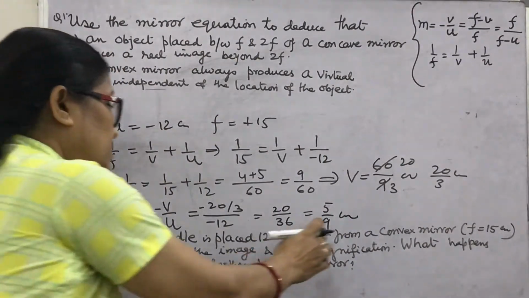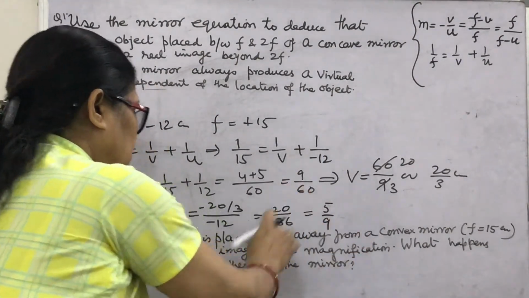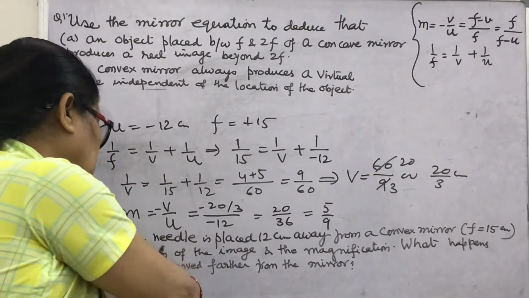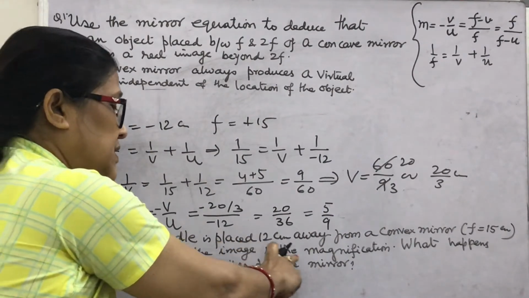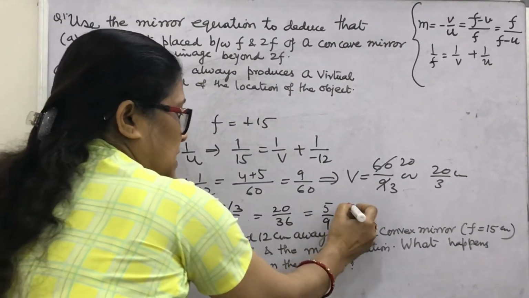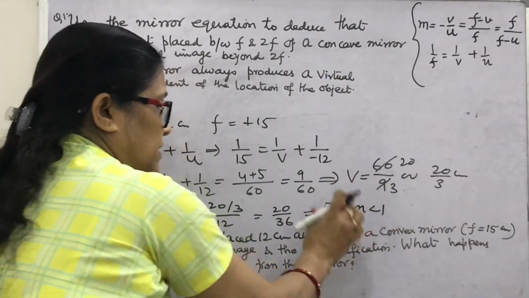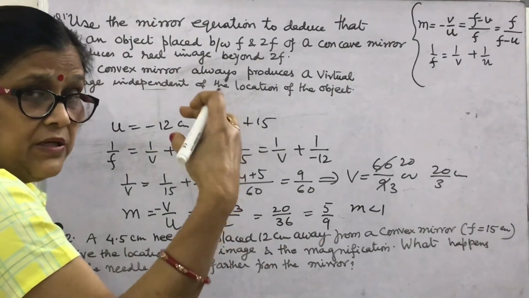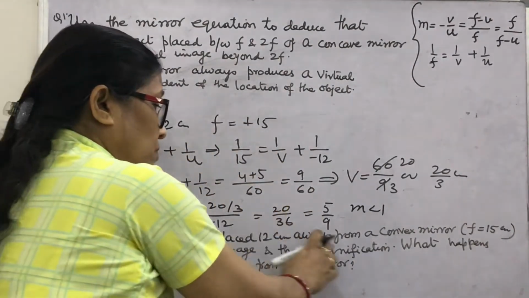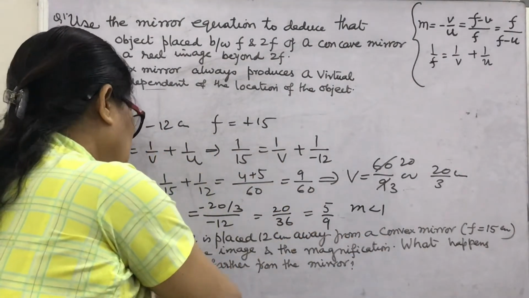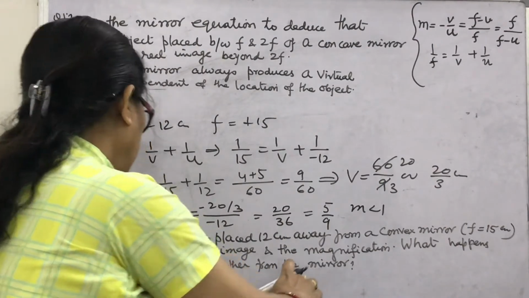It is the ratio. What will be the size of image? If this magnification is less than 1, the image is virtual and diminished.